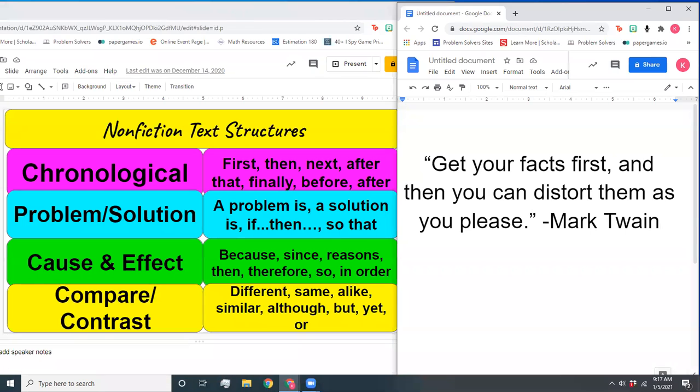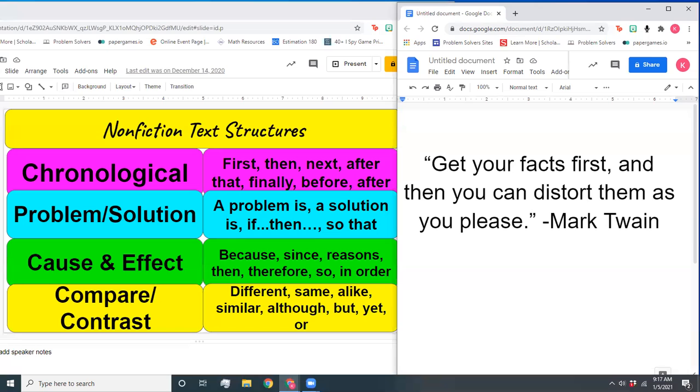Okay, quote number 1. So on your paper, write 1. Quote number 1 is, get your facts first, and then you can distort them as you please. So on your paper, next to the number 1, please write whether you think this quote is chronological, problem solution, cause and effect, compare and contrast.